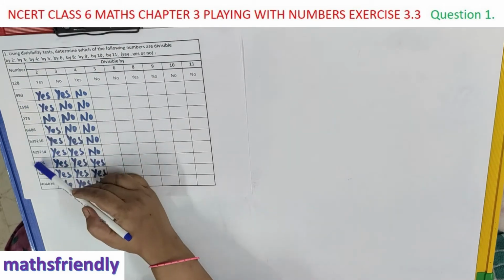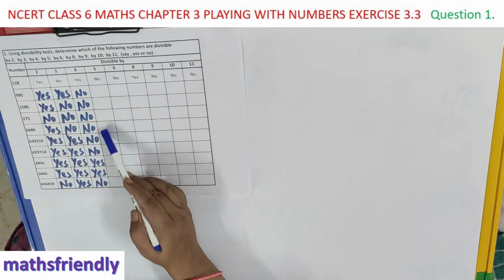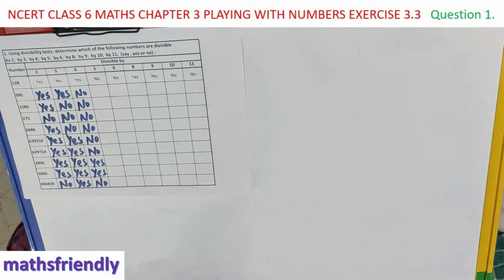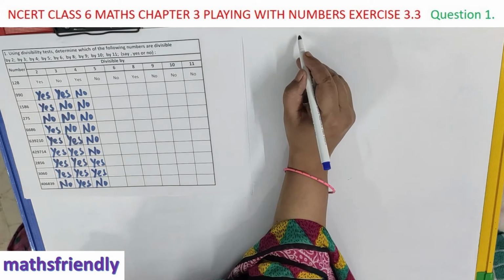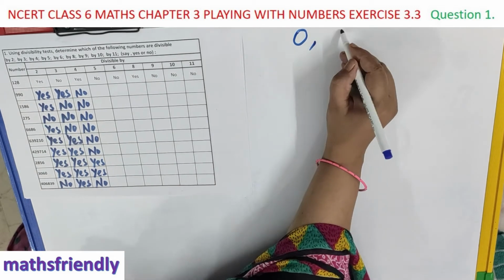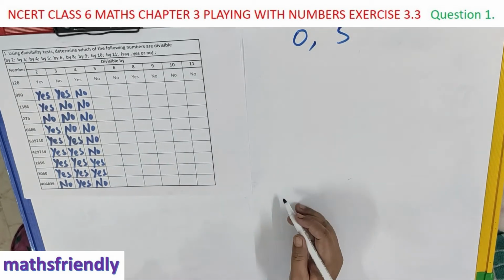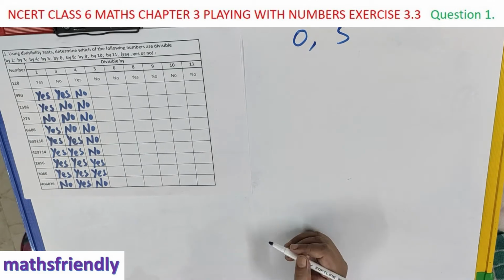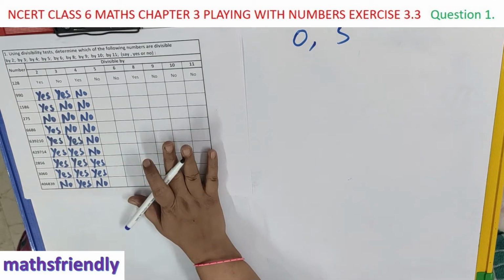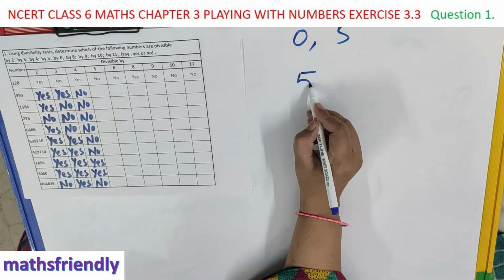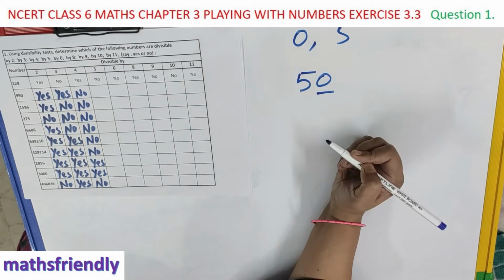Now let us check whether these numbers are divisible by 5 or not. What is the divisibility test for 5? See, if a number has either 0 or 5 in its units place or ones place, then the number is divisible by 5. Like 50, the units place has 0.